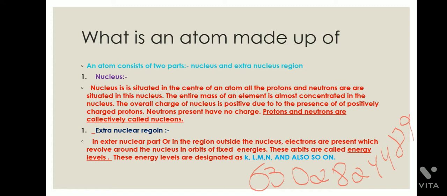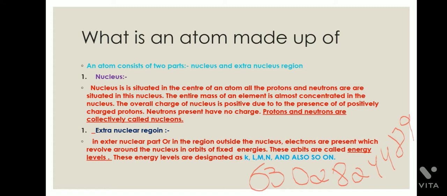The entire mass of an element is almost concentrated in the nucleus. The overall charge of the nucleus is positive due to the presence of the positively charged protons. Neutrons present have no charge. Protons and neutrons are collectively called nucleons.